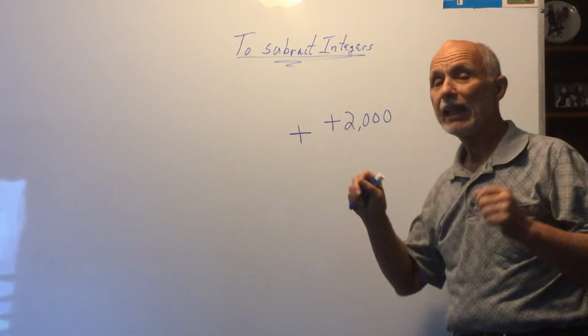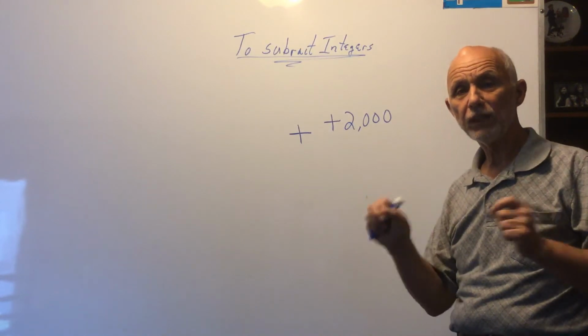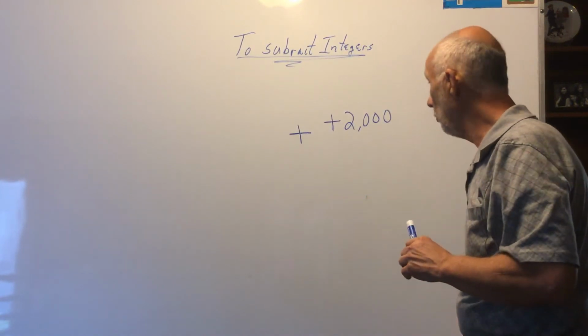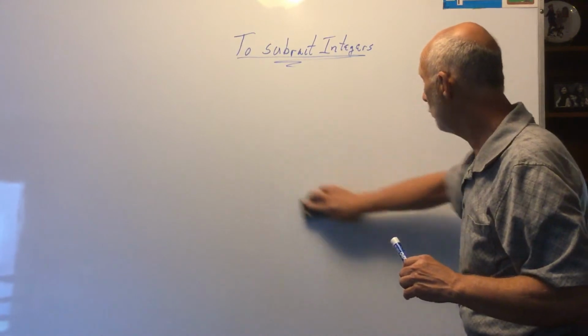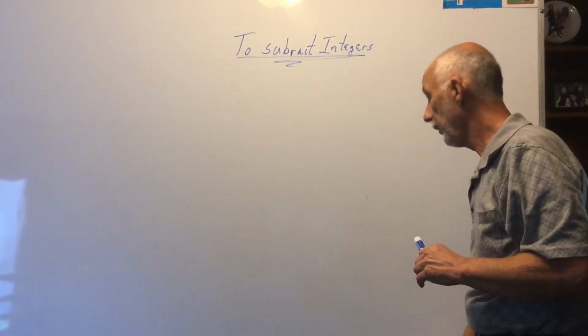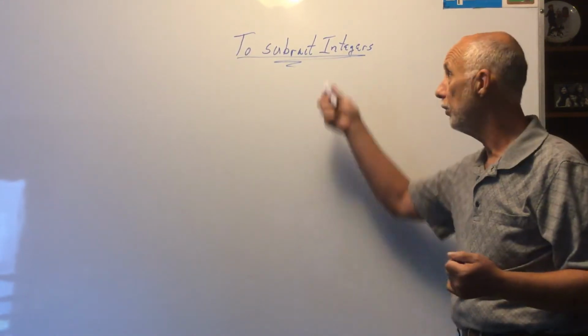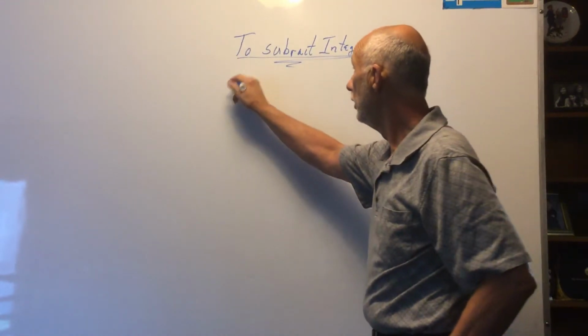But again, that whole idea that they're different allows you to come up with a rule for subtraction that uses the rules for addition. Because this is what I recommend you do when you subtract integers.